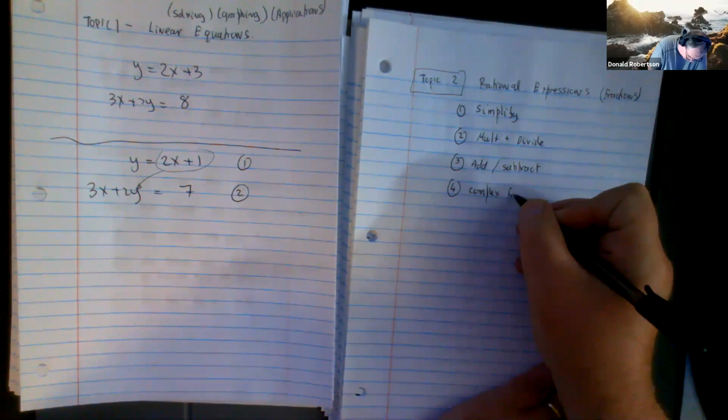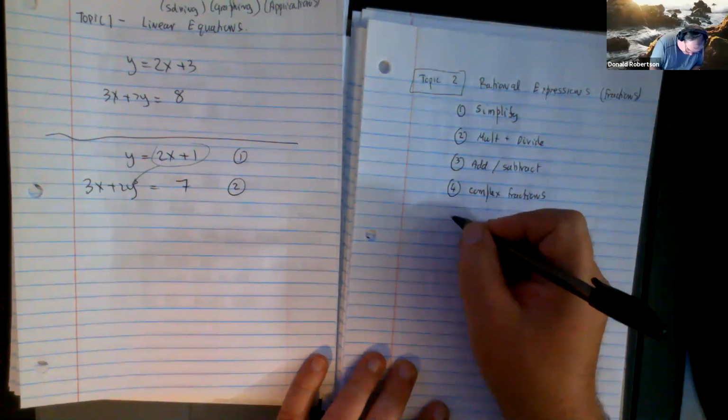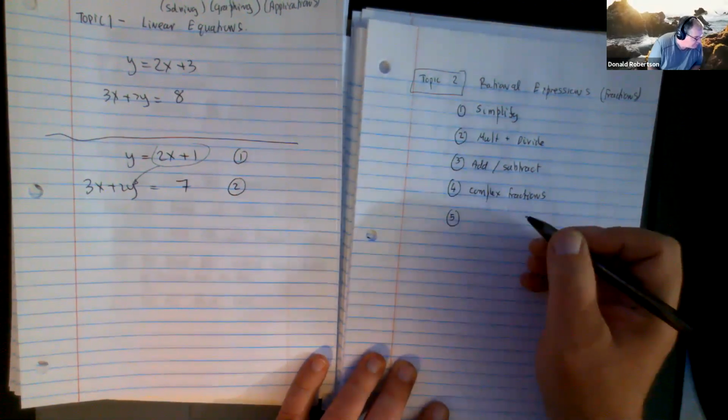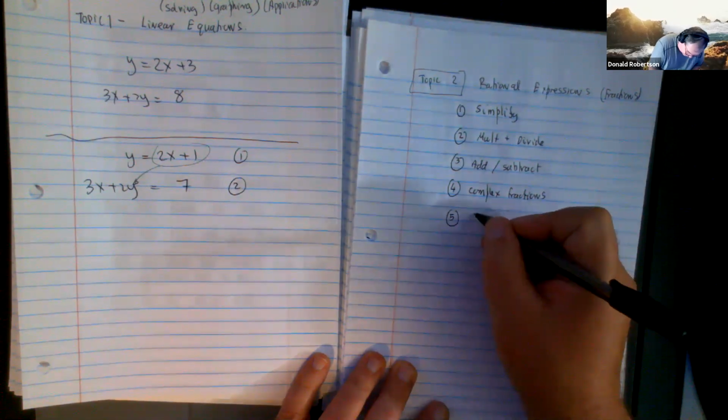You had to add and subtract. We had ones called complex fractions. And then we had, well, equations, solving equations.